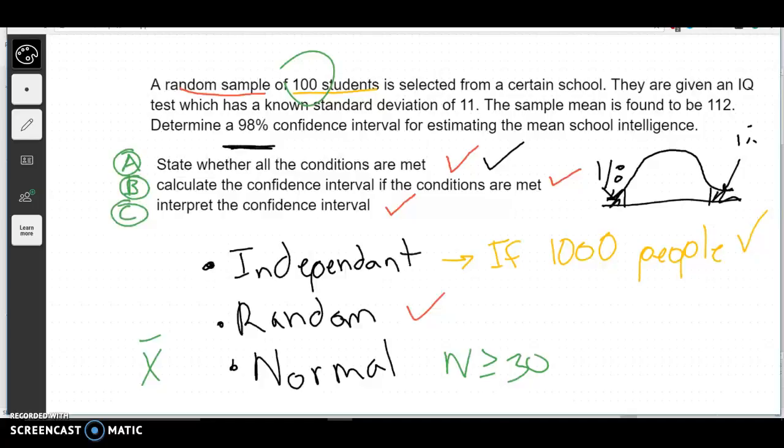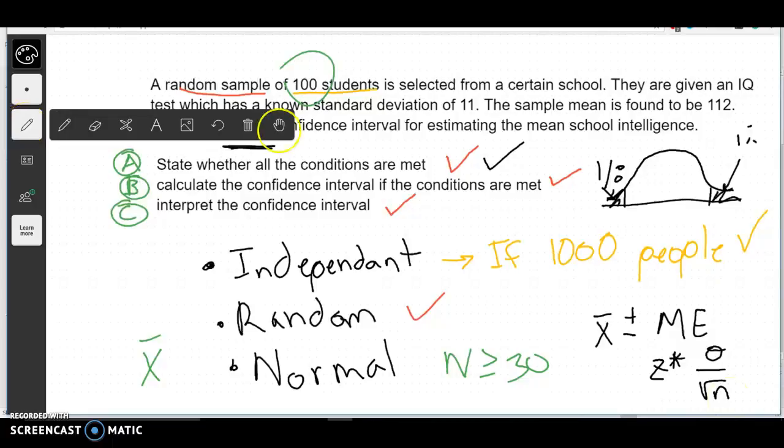For X bars, X bar will be our point of interest. We are going to do plus or minus the margin of error. The margin of error is made up by the Z critical value, which we'll find in a second, and the standard deviation, which is the population standard deviation divided by the square root of how many samples we take.